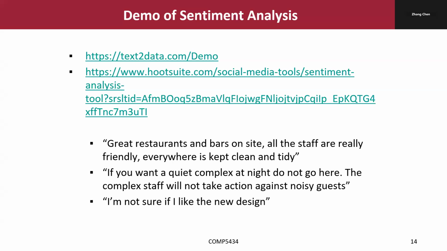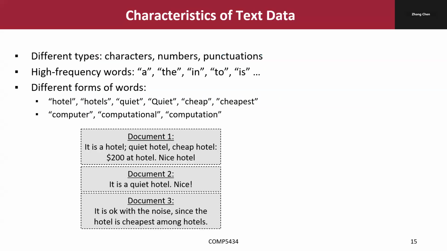So here are actually 2 online tools that can do sentiment analysis automatically. You can play with them, okay? This shows a system that can take raw text and produce a sentiment label, right? They are already well-trained systems.